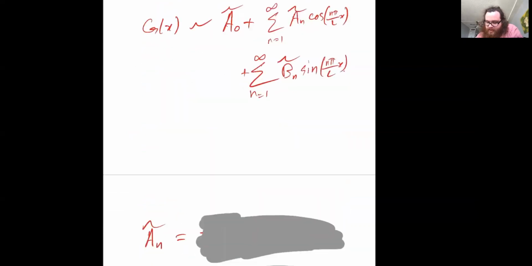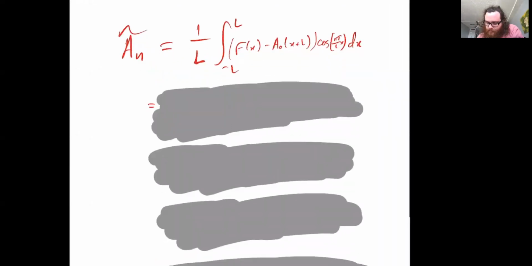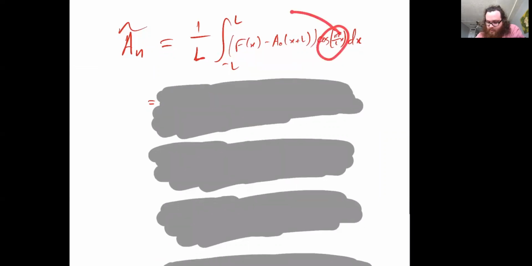Okay. So what is a sub n tilde? Well, a sub n tilde is 1 over half the length of the interval, integrated over the interval, of the function we care about, which in here is g of x, times the function that it's a coefficient for, which in this case is cosine of n pi x over L. So what we're going to do is distribute this cosine to f of x, to minus a0x, and then to minus a0L.